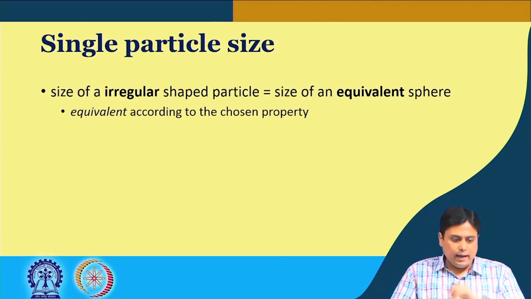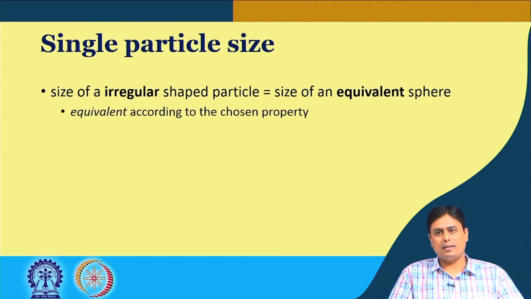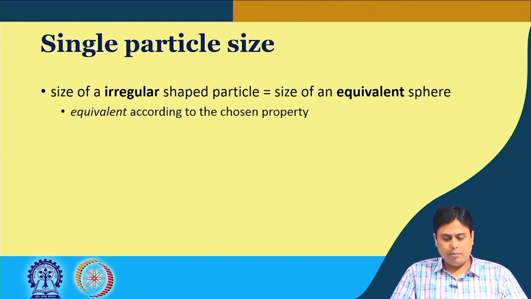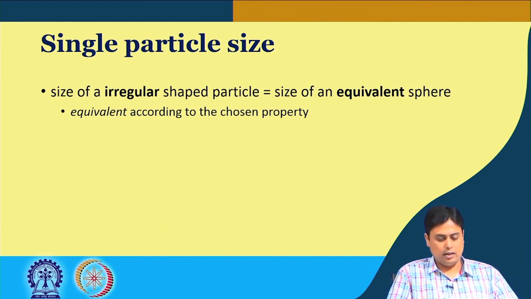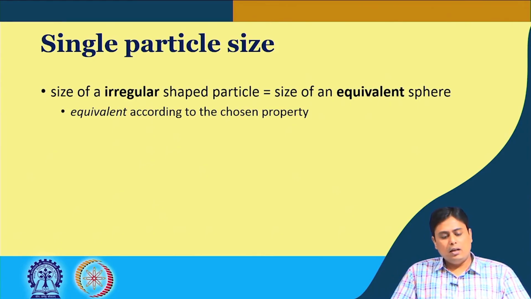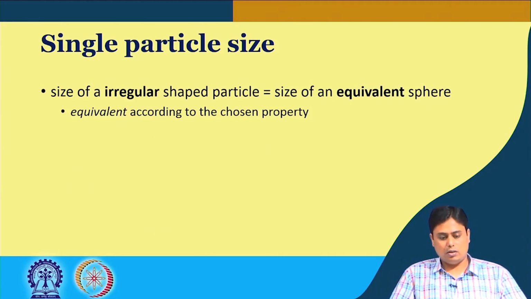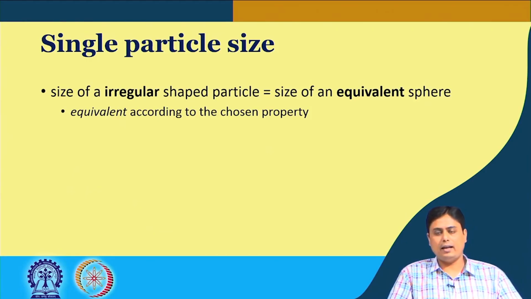Now, the point is how do we define a single particle size? We will come to samples of different particles when we discuss industrial scale samples, but let us first focus on how we single out a particle and characterize a single particle size.